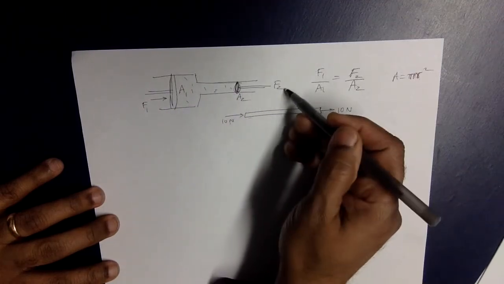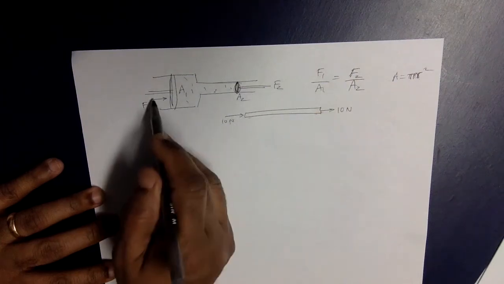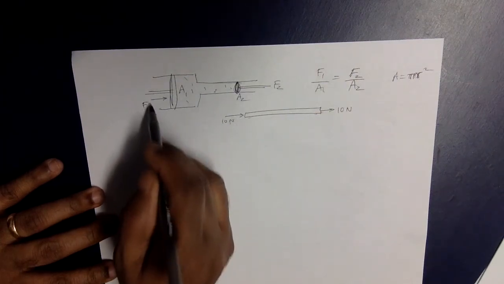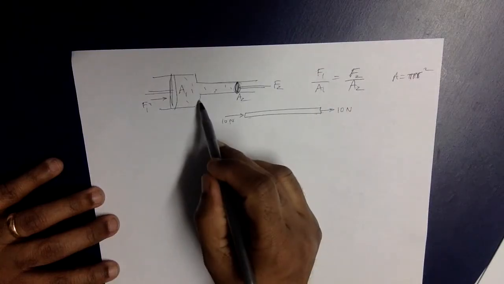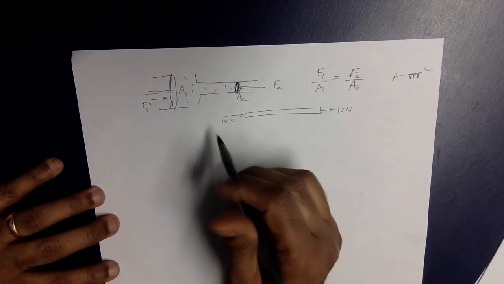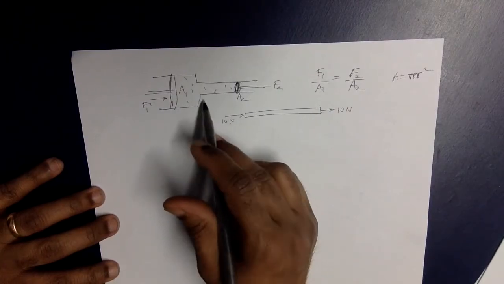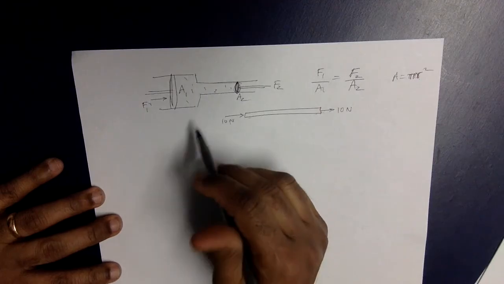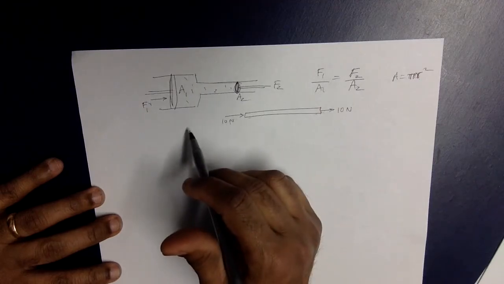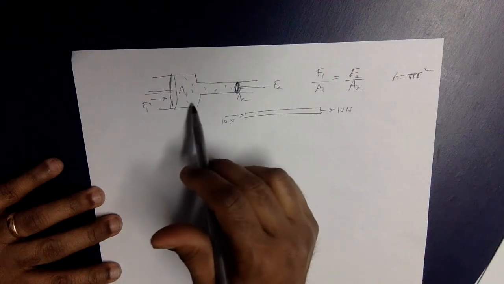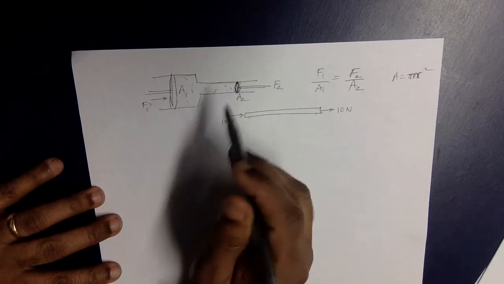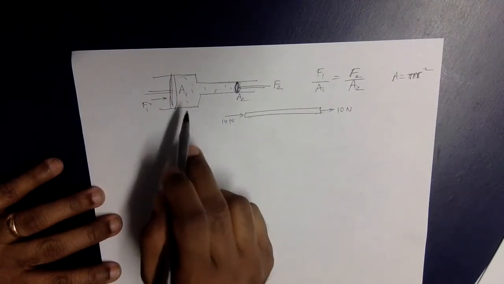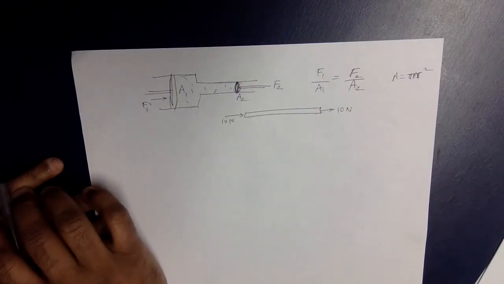So you can apply a small force here, but you can get a big force on this side. That is the concept that is used in hydraulic lift, hydraulic press, car brakes, and all those hydraulic applications. That is where Pascal's principle is coming into it.